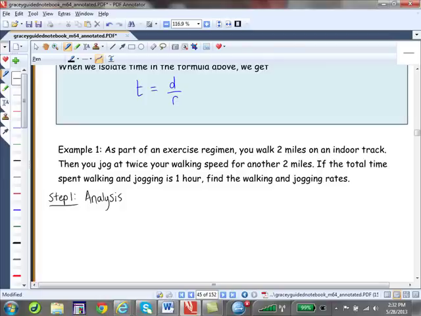So we don't need to have 2 separate variables since the jogging rate has been related to the walking rate. So why don't we just go ahead and say, let x be the rate you walk.